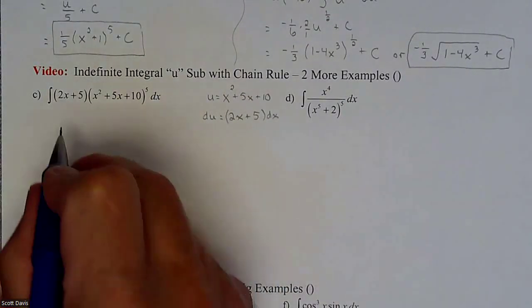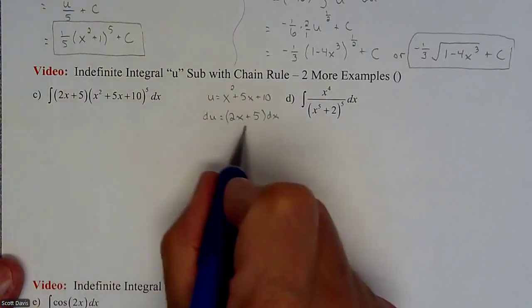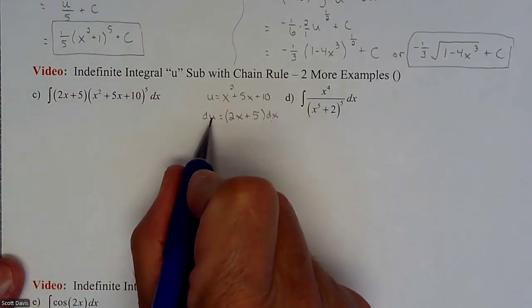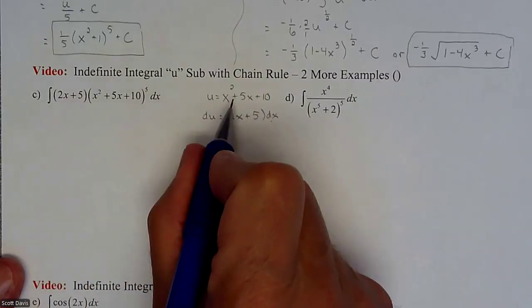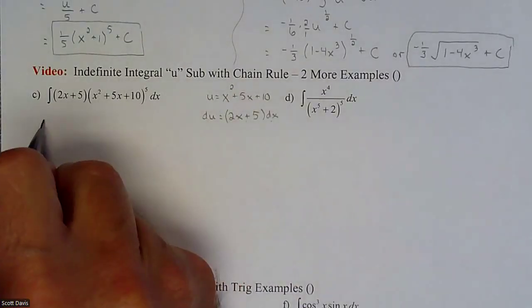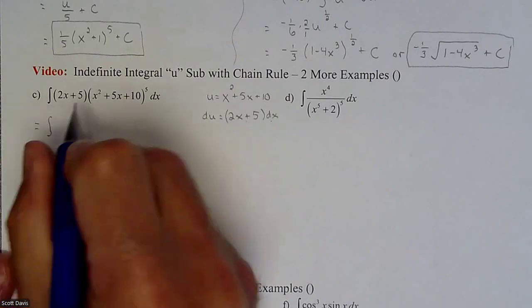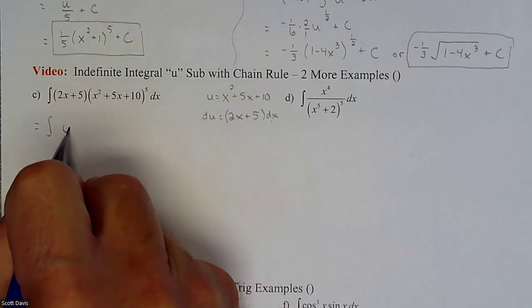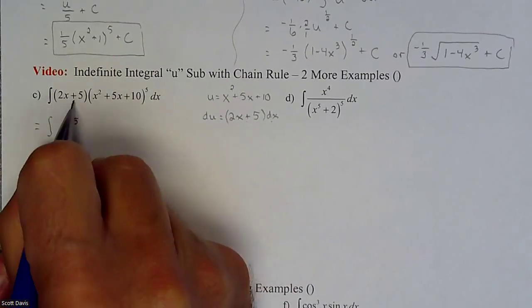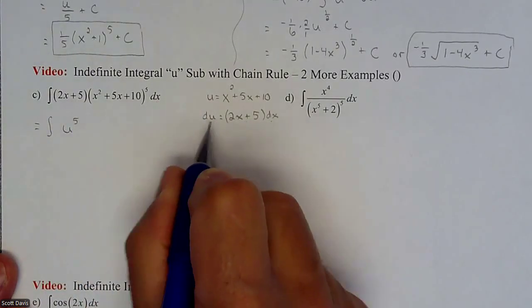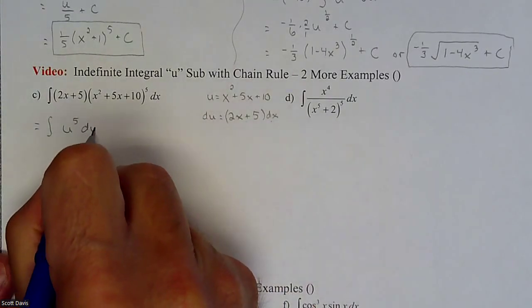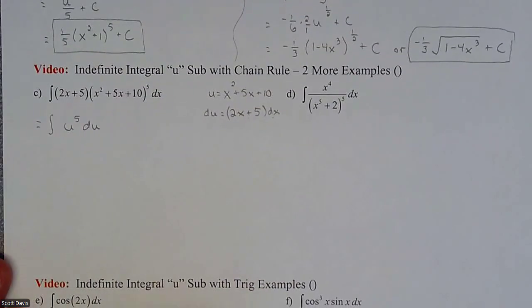Great. So I can take these two pieces and replace them with du. I can take this piece and replace it with u and rewrite it. So this all becomes u to the fifth, and these two pieces become du. And that's what I'm doing my antiderivative of.